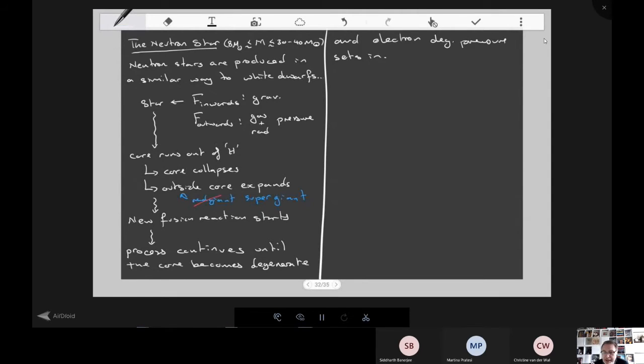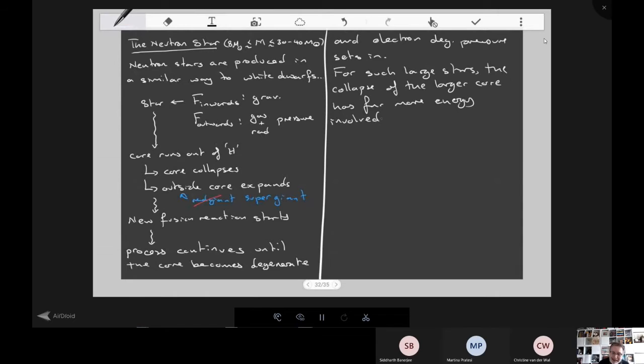Okay, and it's exactly the same, except for such large stars, the collapse of the core, and it's a larger core, of course, than the smaller stars, the collapse of the larger core has far more energy involved.